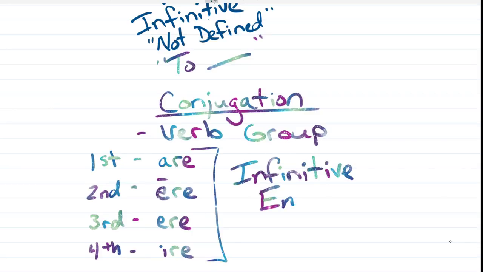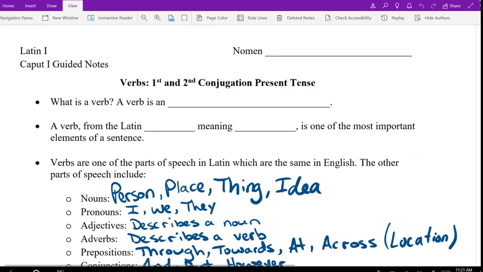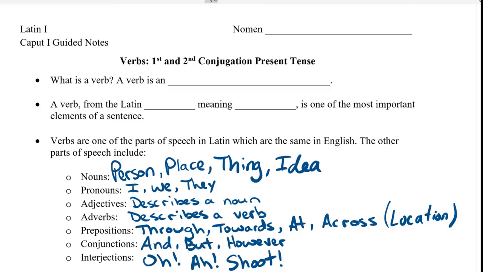And that will tell you what conjugation your verb is in. The second part of your verb will tell you what conjugation, and then from there the rules that you would need to follow, once you memorize those rules. And so right now we're just going to worry about first and second, and they both have conveniently sort of the same rules that they follow. Okay, and you'll see that as we go through these notes.